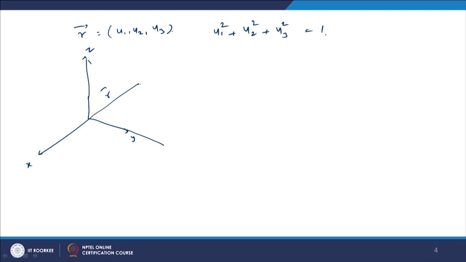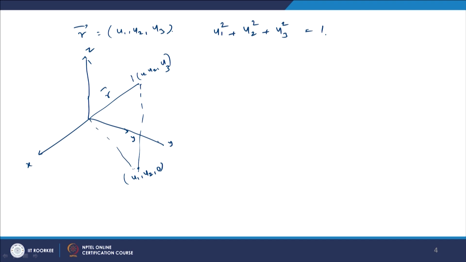So if we consider this unit vector u1, u2, u3, the projection of this on the xy plane is u1, u2, 0.